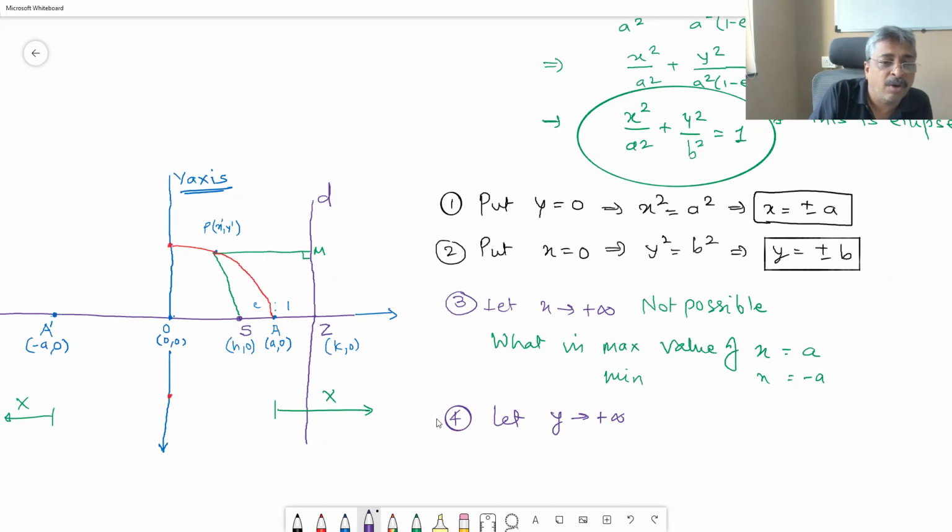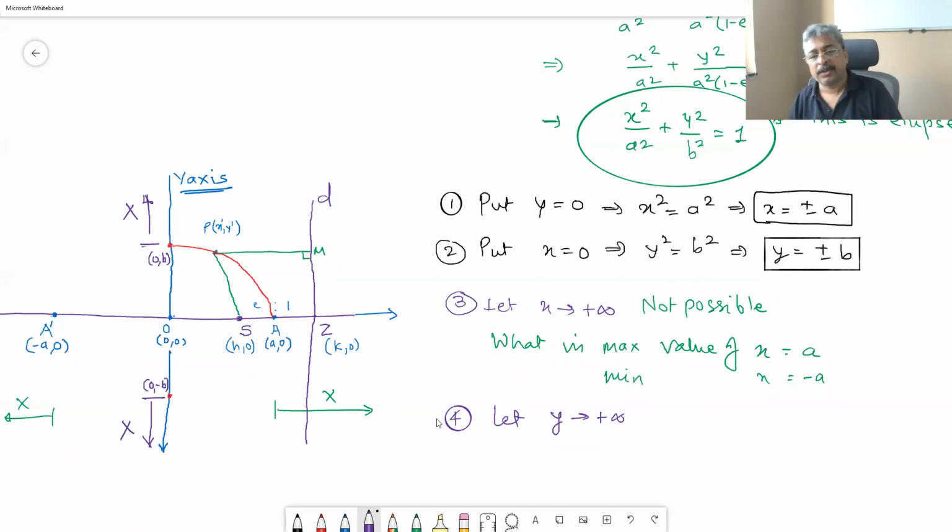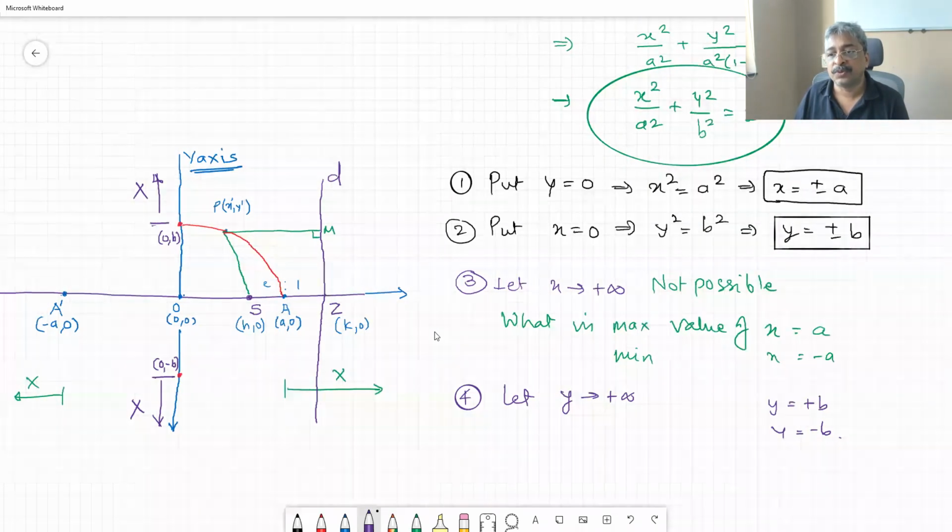So again here, this coordinate is 0 comma b, this coordinate is 0 comma minus b. Beyond this, above the curve is not available, and below this curve is not available. So for the extent of this curve, I am writing y is equal to plus b, y is equal to minus b. That is another analysis that you should do.